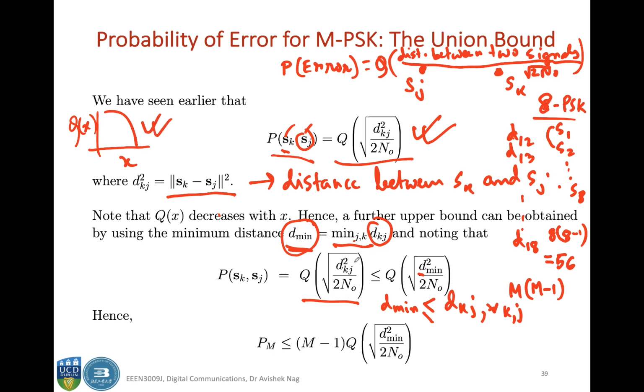This numerator is always greater than this numerator, and therefore the Q function involving dkj is always less than or equal to the Q function involving d min. So you can say that your PSK is less than or equal to Q of the square root of d min square over 2 N0.